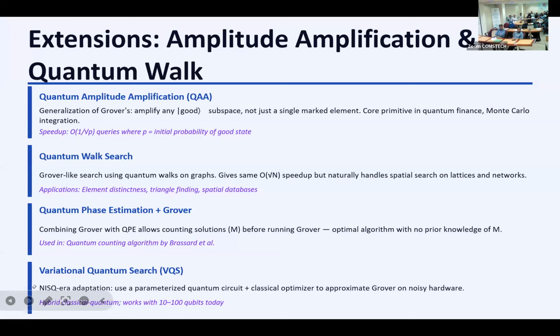Next comes the extension, that is we're going to extend Grover's algorithm to amplitude amplification and quantum walk. Quantum amplitude amplification, we have already seen on the first slide of the bar graph.